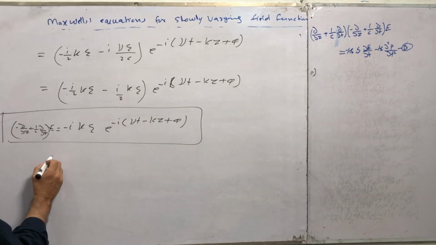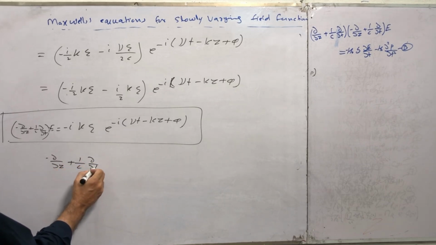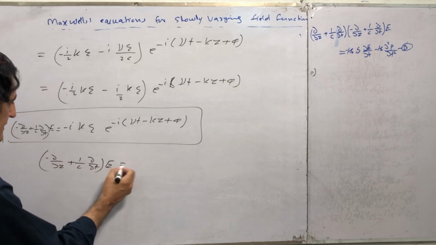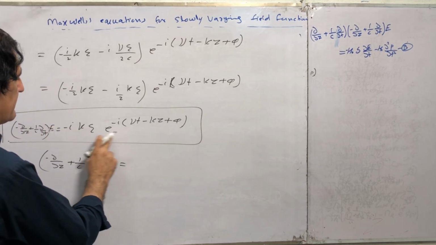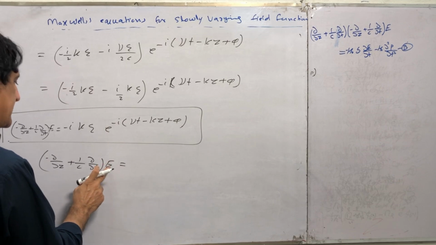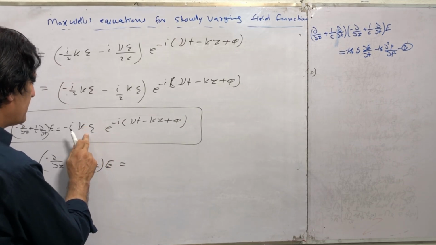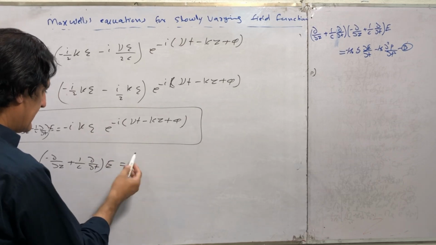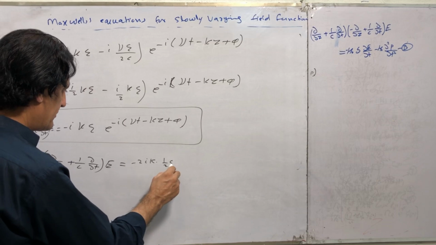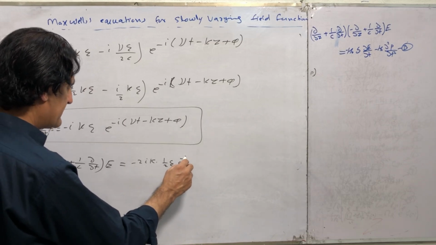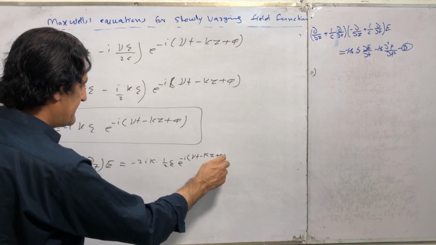Further, this term minus partial divided by partial z plus 1 over c partial divided by partial t e can also be written as, if we write this in terms of e, then we must have 1 over 2 here, and like this minus 2 iota k and 1 over 2 e e to the power minus iota nu t minus kz plus phi.